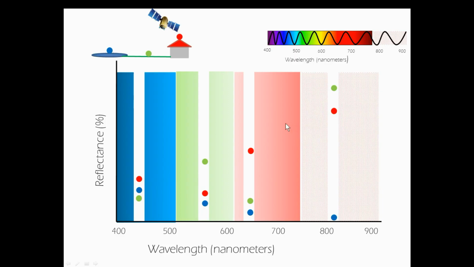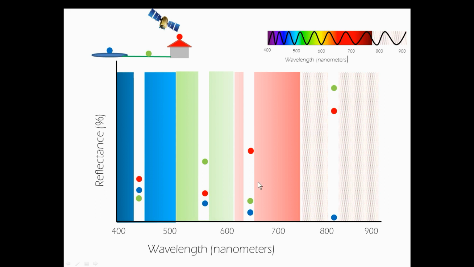So which band do you think would be most useful in distinguishing water, as represented by the blue dots, from the red roof, as represented by the red dots? Well, in bands 1 and 2, it looks like the reflectance values for water and the red roof are pretty close together. So it might be hard to tell if it was water or a red roof reflecting photons in these wavelengths.